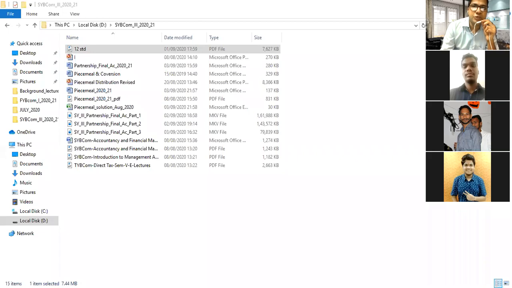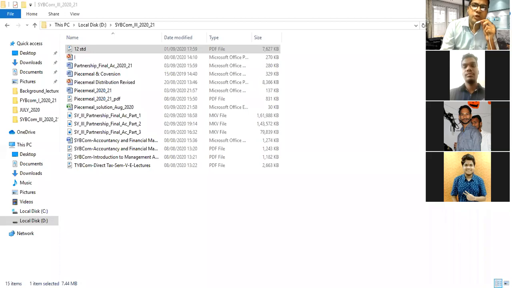Then friends, this is one of the things about the balance sheet that you should know. The balance sheet you have to write in your notebook. The balance sheet is a statement showing assets and liabilities, and this balance sheet shows the financial affairs of the company.